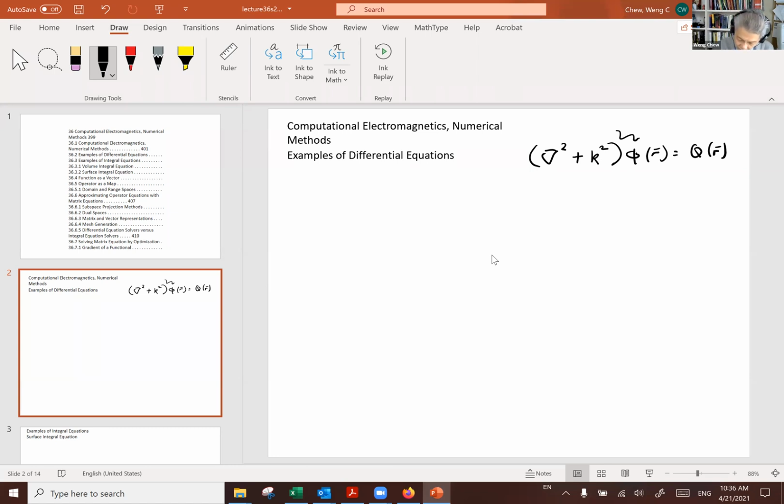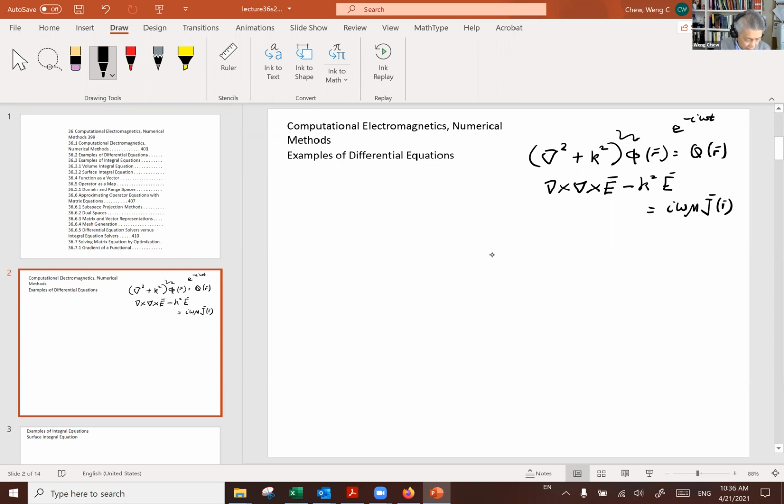Or if you have Maxwell's equations, you can reduce it to something that looks like a differential equation, like curl curl of E minus k square E is i omega mu J of r or something. Okay, I'm using e to the minus i omega t time convention again. And these are all differential equations that we have to solve.